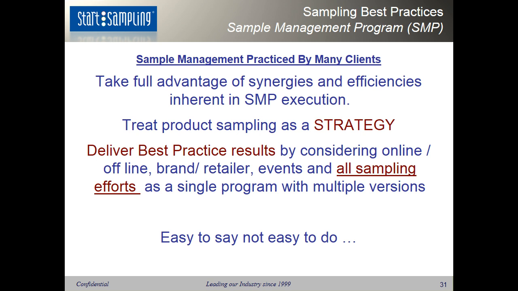When we think about sample management, that's looking at what you're doing with your product and who you're trying to reach, what kind of trial you're trying to get, how you're using the sample in multiple ways in order to engage your consumer base in new and different ways. Try to break down the silos. Don't have a program that is against retailer A and something else that corporate is doing and something else that the agency of record is doing and something else that the social agency is doing.